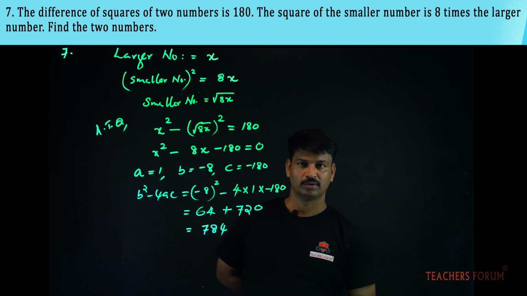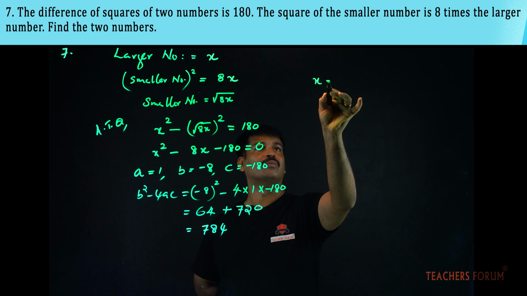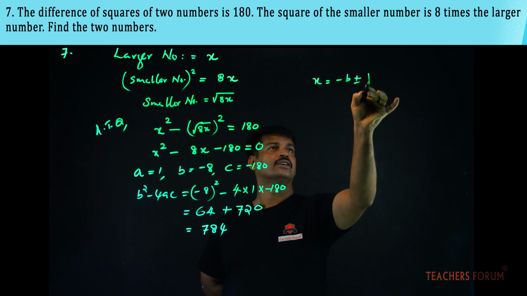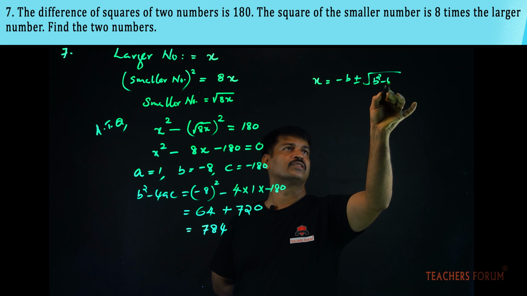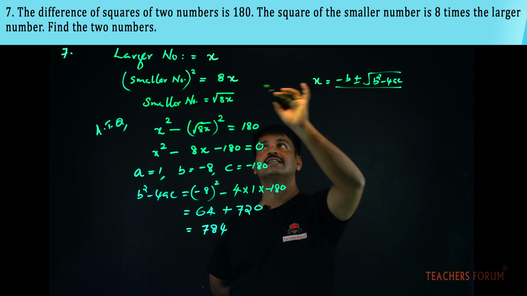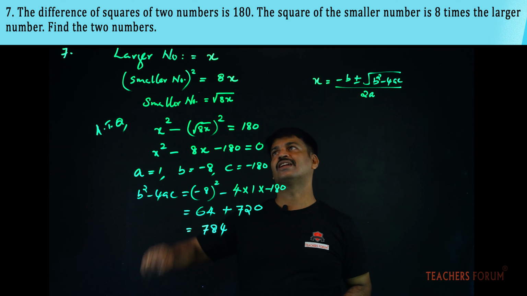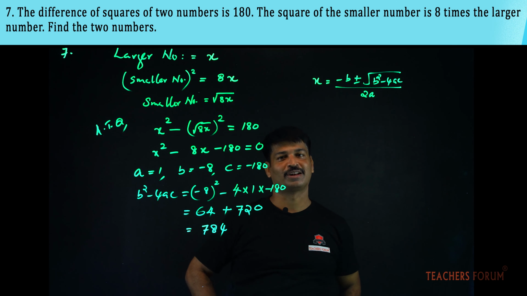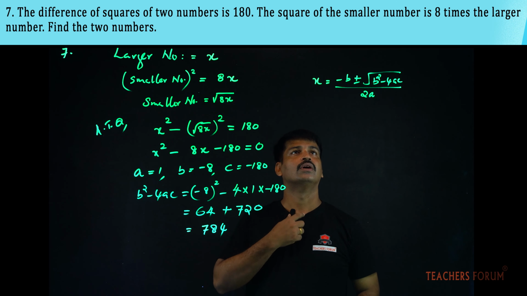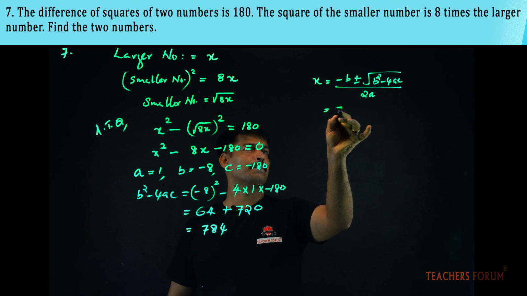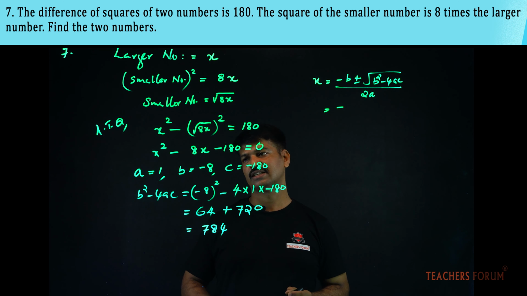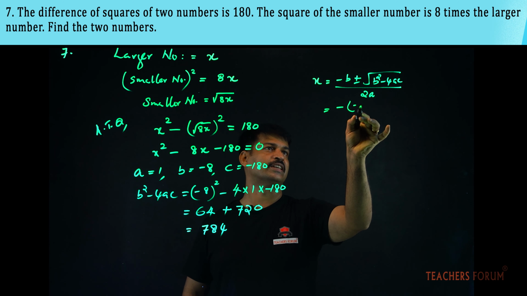Now you have to write the quadratic formula and find the value of x. What is x? x is the larger number. So if you know the larger number, you can find out the smaller number also. Okay. Now let us substitute. Minus b, what is b? b is minus 8.